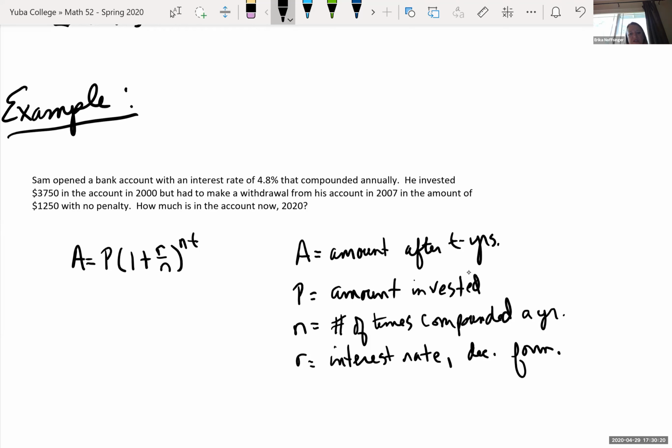Okay, so we have a couple of things going on here. We have to take into consideration that in 2007, they withdrew some money. And so they're not going to be making money off of what they withdrew.